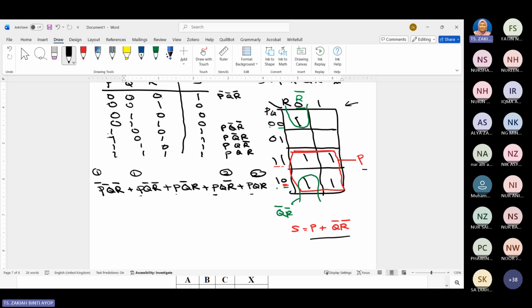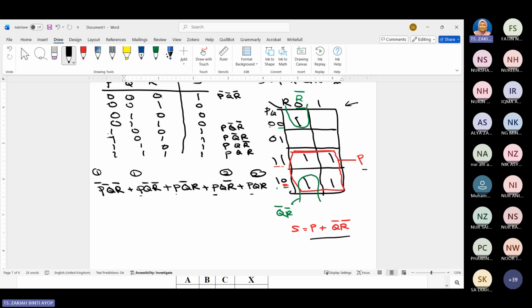Now the second pair is P, Q, R bar and P, Q, R. So what about P, Q bar, R? Remember we want to make sure that P can be achieved. Because we want to pair it between P, Q, the second pair, we want to make sure the third pair also has the same variable.